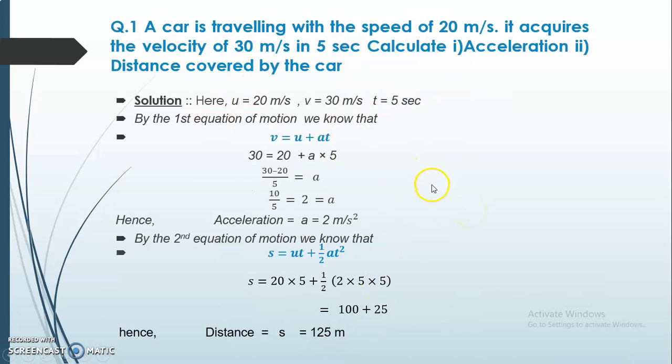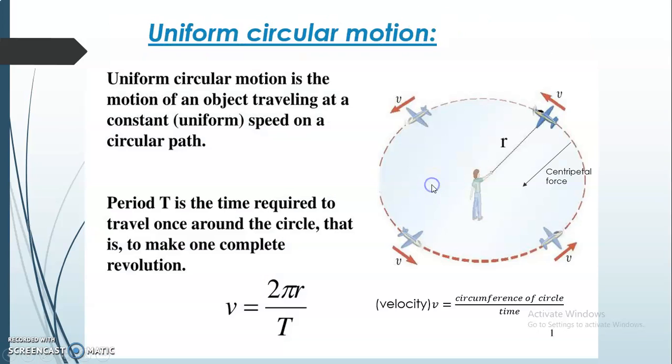Okay, now let's see the next topic, that is uniform circular motion. You already know what is a circular motion. When any object travels in the circular path, it is called the circular motion or uniform circular motion. So uniform circular motion is the motion of the object traveling at a constant or uniform speed on a circular path.